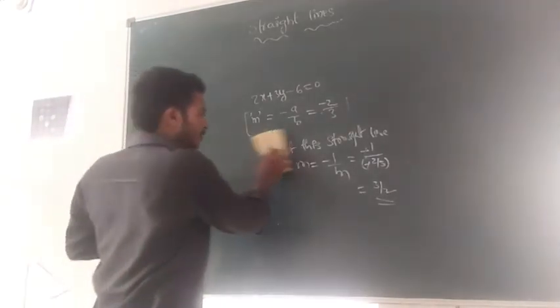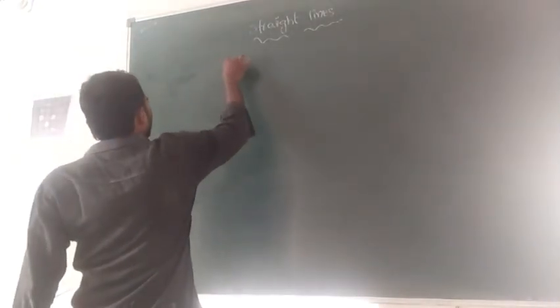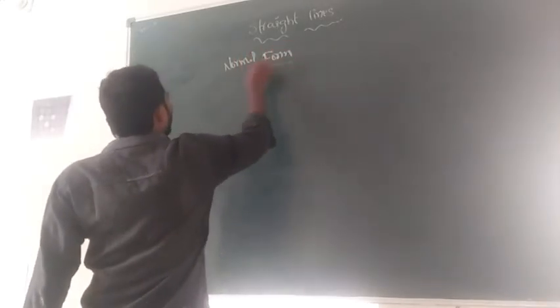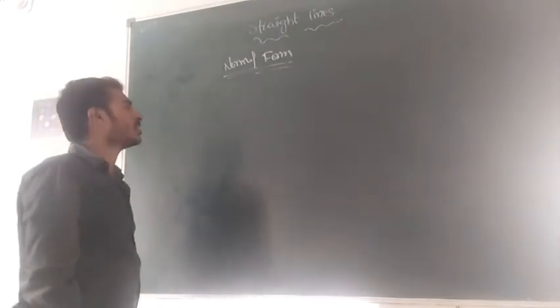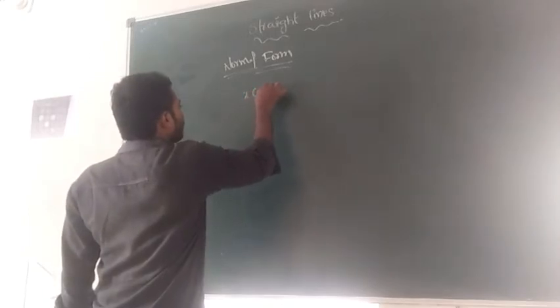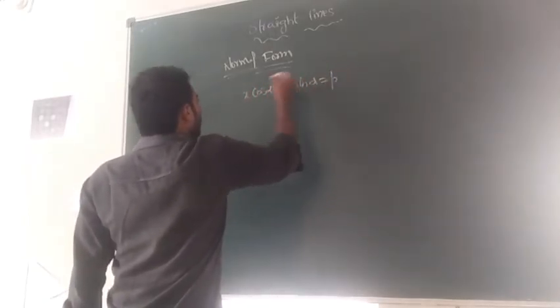Okay. Now next one is normal form. What is the normal form of the straight line? It is x cos alpha plus y sin alpha equals p.